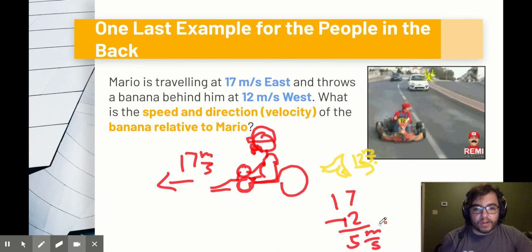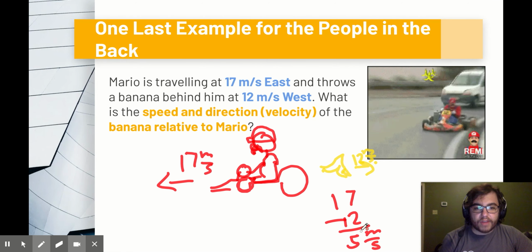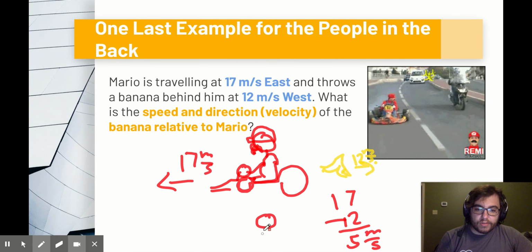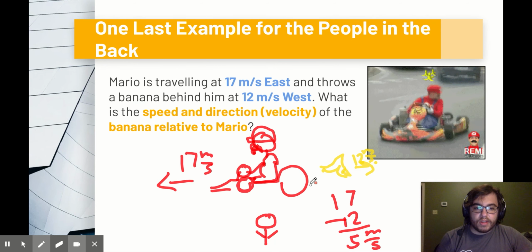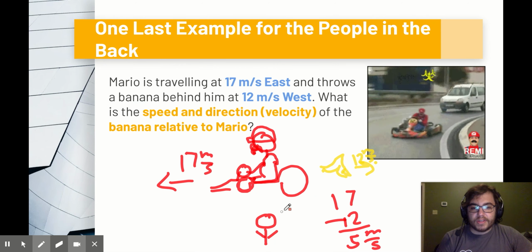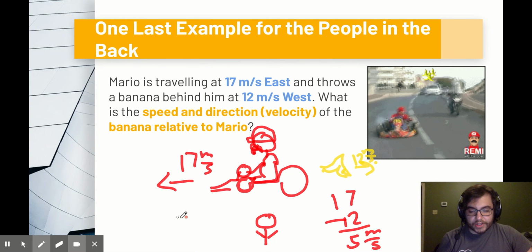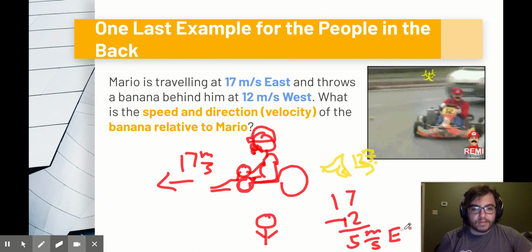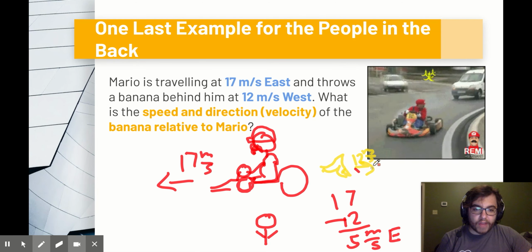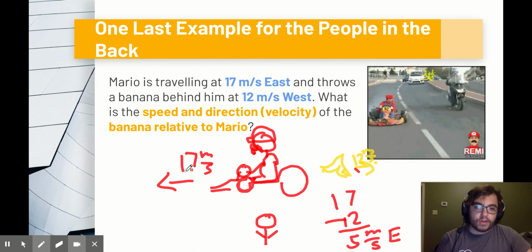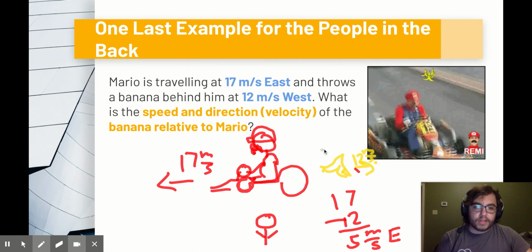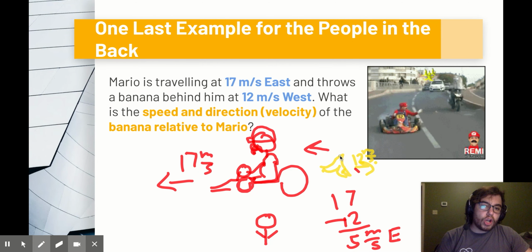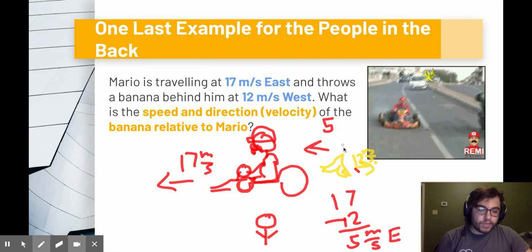From Mario's point of view, it will look like it is traveling 5 meters per second backwards. But if we took it from an observer's standpoint, it will look like the banana will still be traveling in an overall direction of 5 meters per second to the east. Because it's a lower value than Mario's overall speed, it will still look like it's traveling in this direction, just at a lower value, in this case, 5 meters per second.